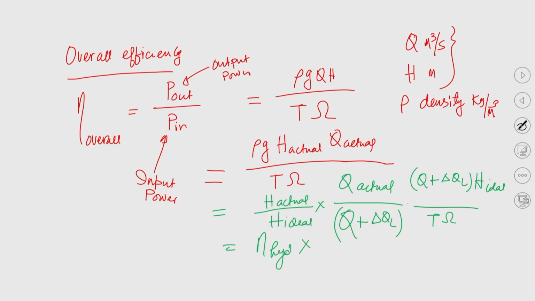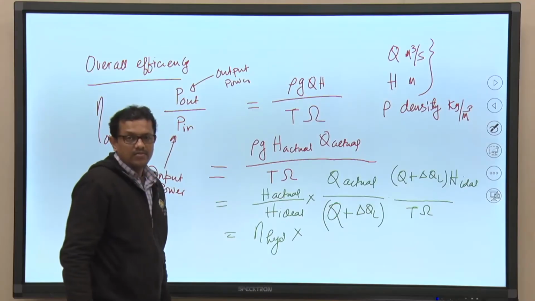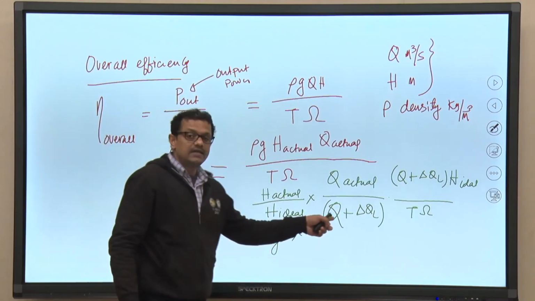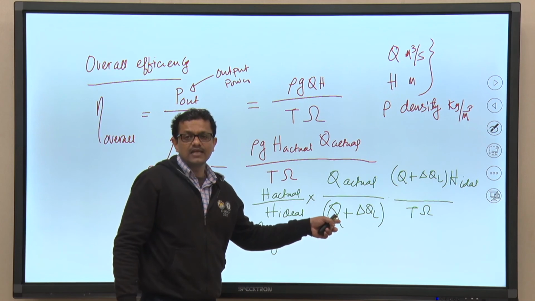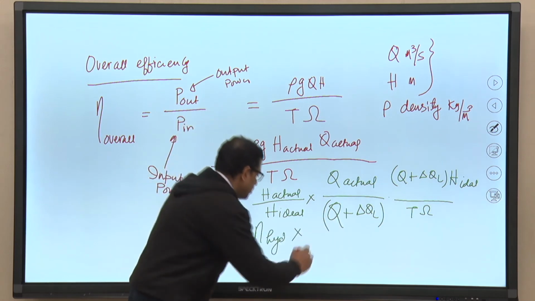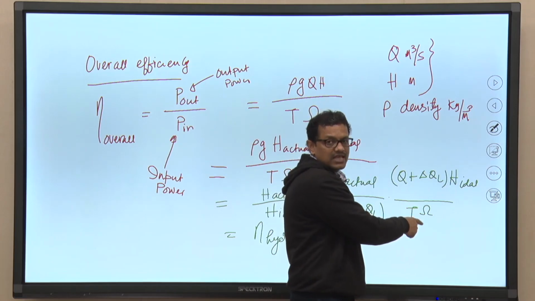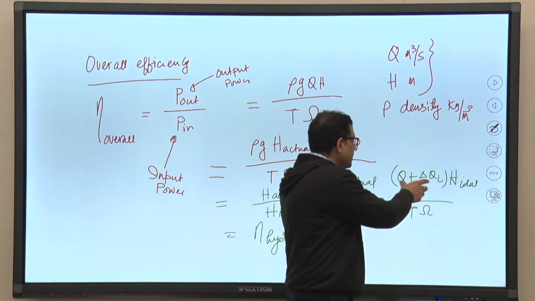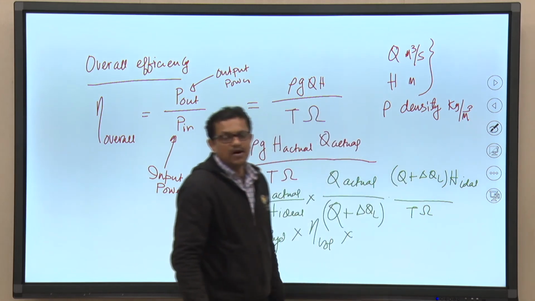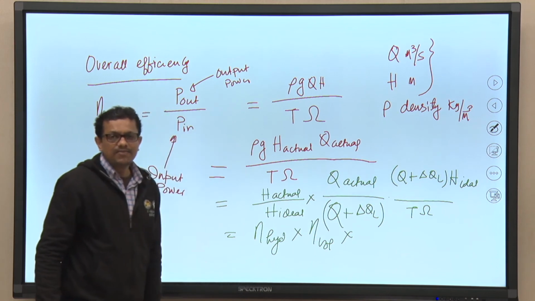What is this quantity? This is the actual discharge from the pump to the volume flow rate available at the eye of the impeller, and that is nothing but the volumetric efficiency. And what about this? This is the input power to the shaft of the impeller, while this is the power available at the impeller.